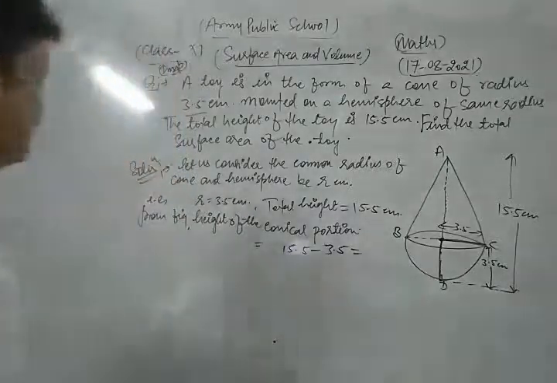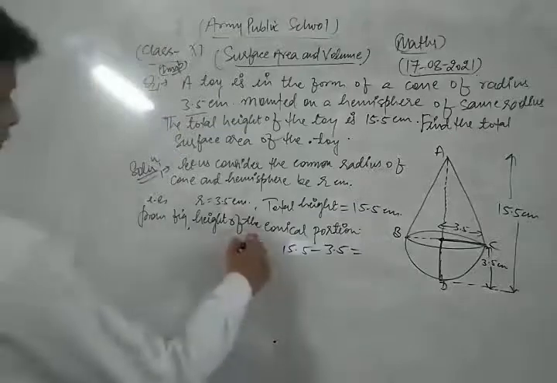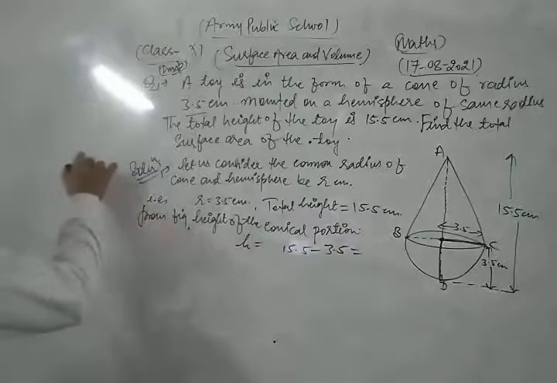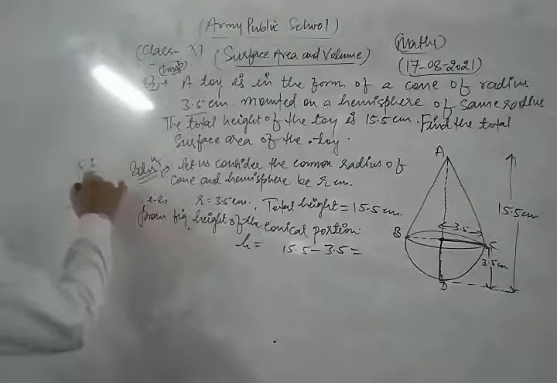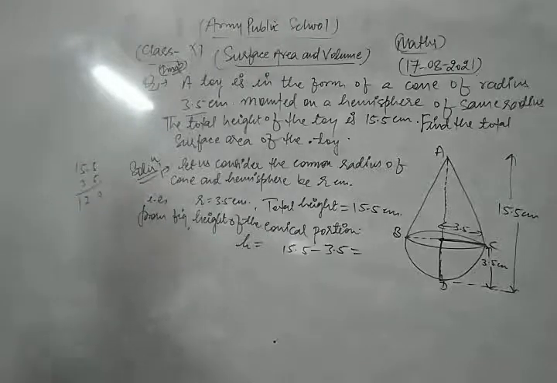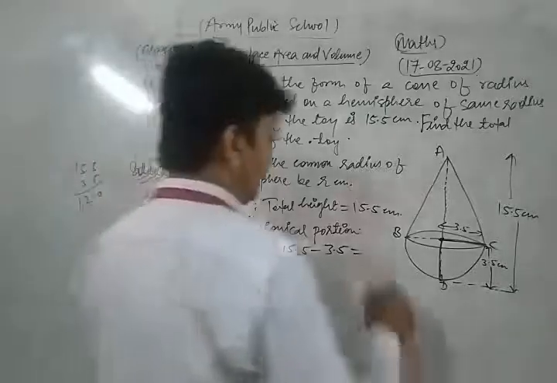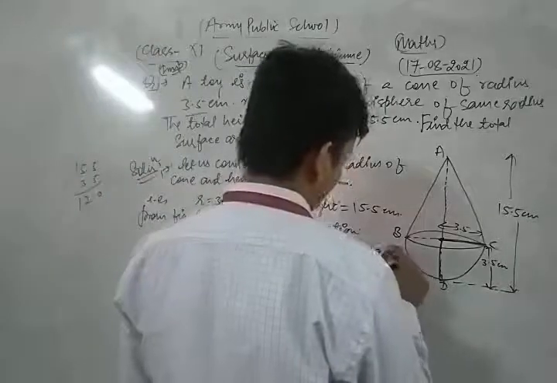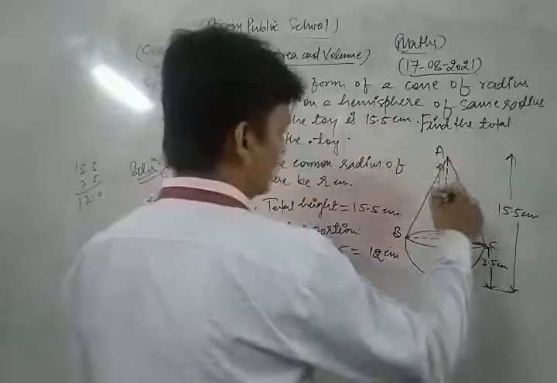So 15.5 minus 3.5 is 12. This is the height of the cone, 12 centimeter.